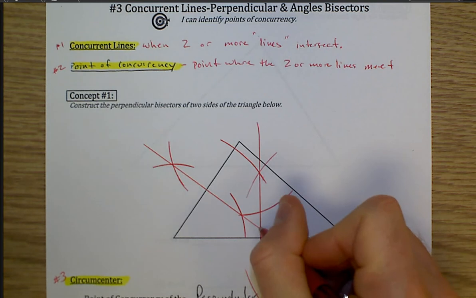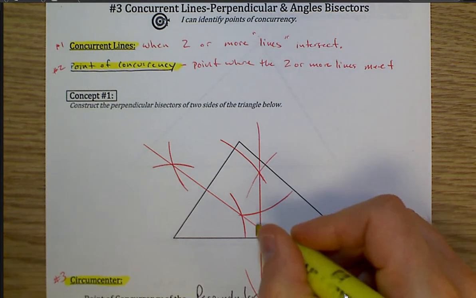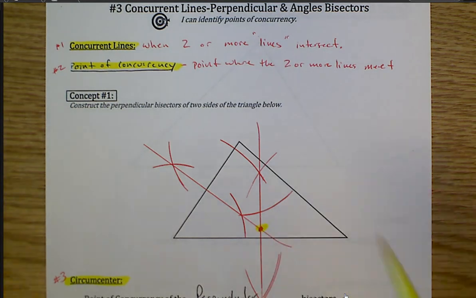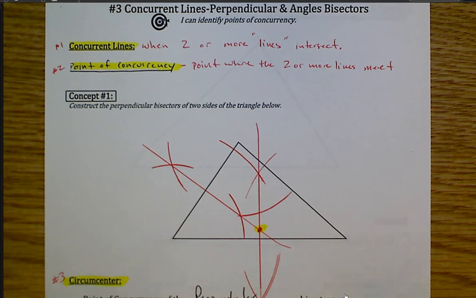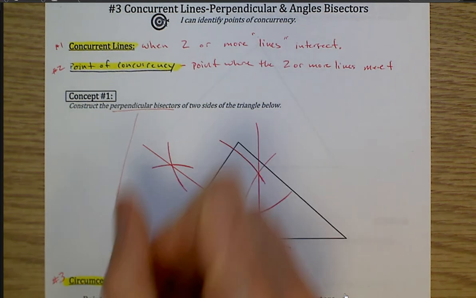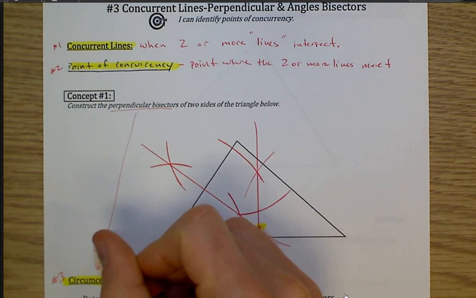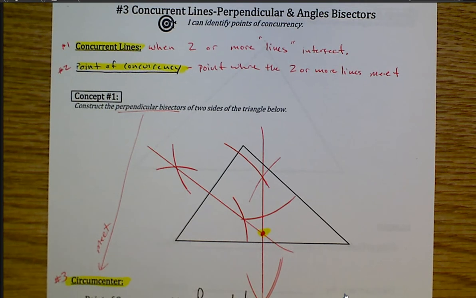This is where those perpendicular bisectors came together, right there, all right? And that's important. That's called the circumcenter. So what you need to have connected in your thoughts is perpendicular bisectors meet at the circumcenter. Okay? Perpendicular bisectors meet at what's called the circumcenter.